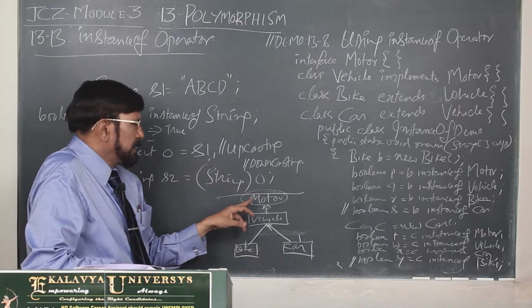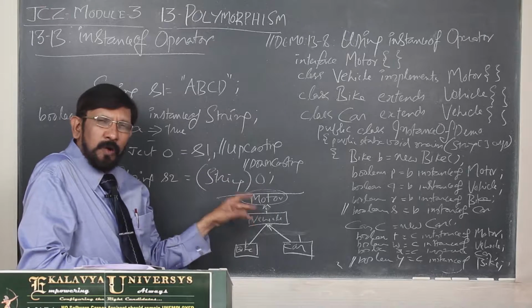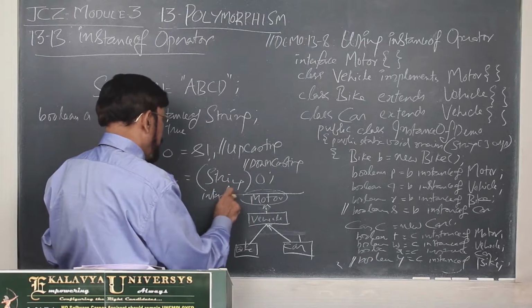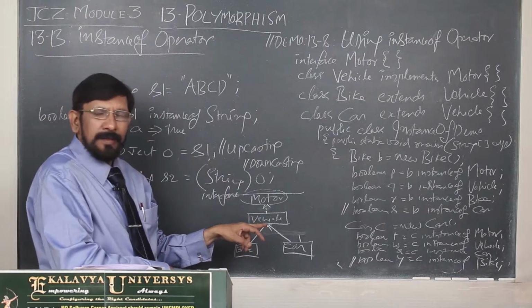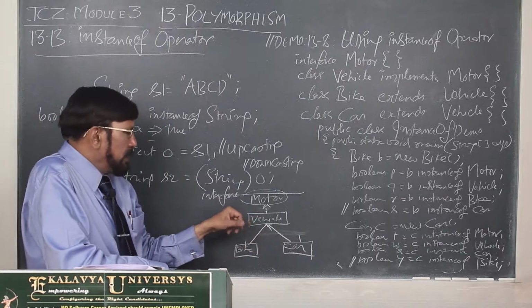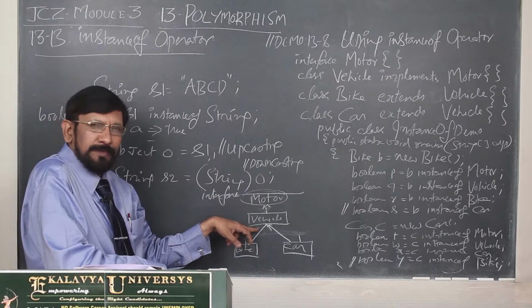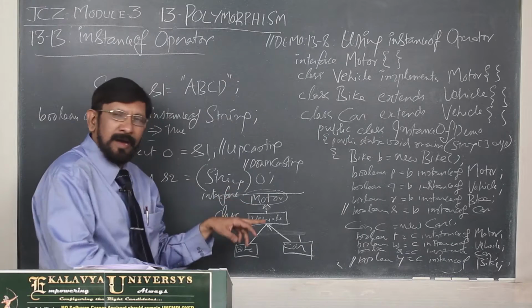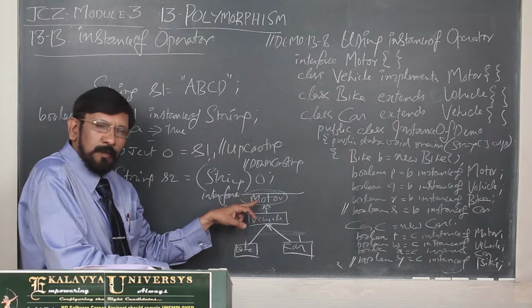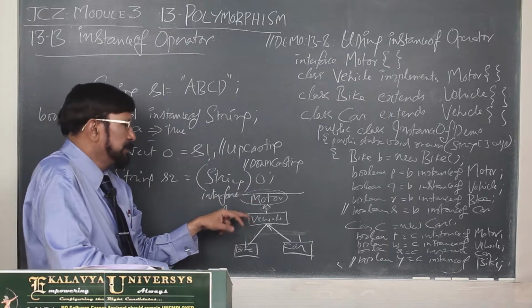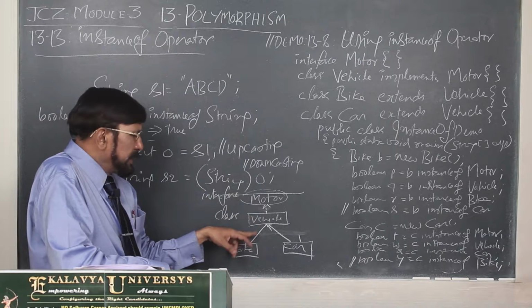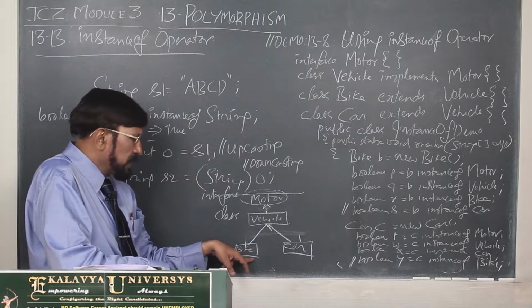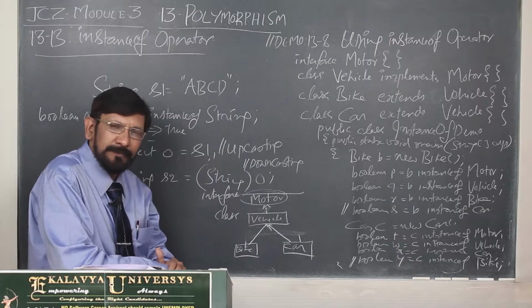Now, you see here I have taken Motor. Motor is an interface, and Vehicle implements that. Vehicle is a concrete class that implemented the Motor interface. Thereafter, from Vehicle you created two subclasses, one is Bike, the other one is Car.